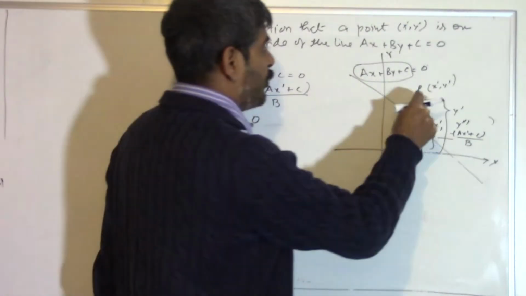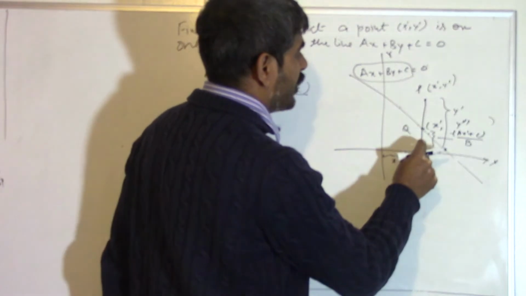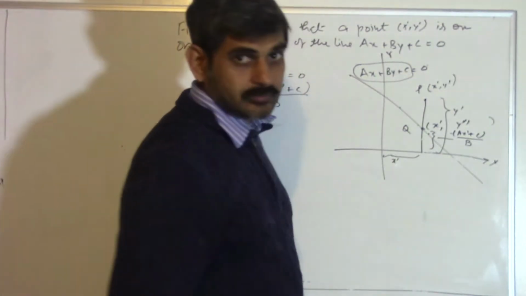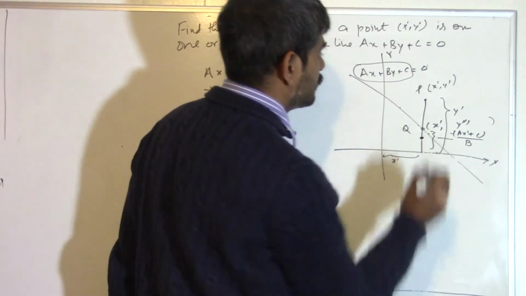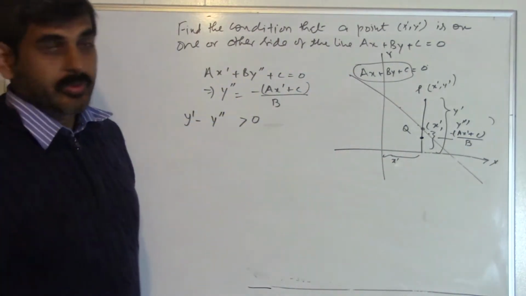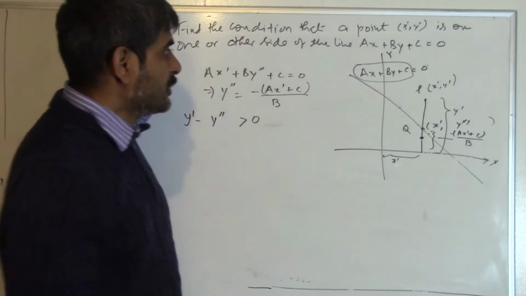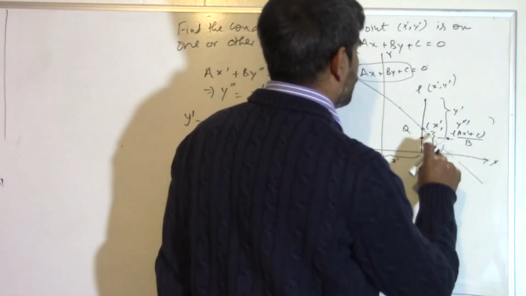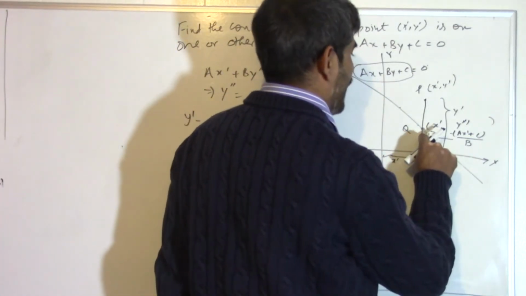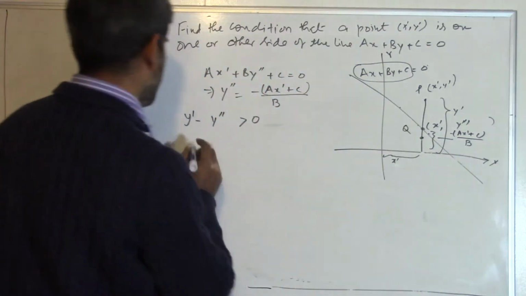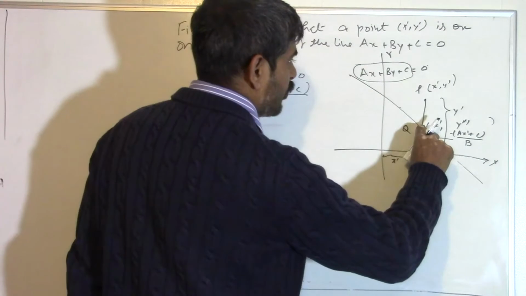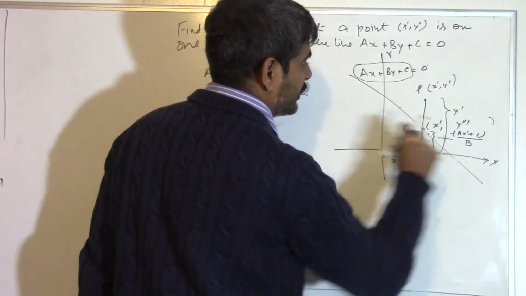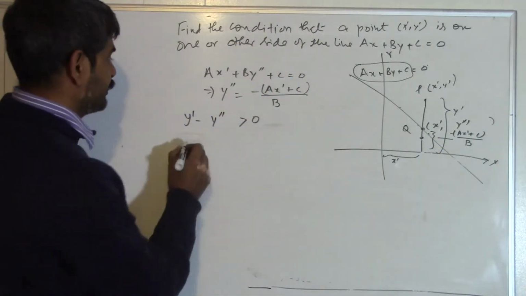But if this point is somewhere on this side of this line, then this length y double dash will be greater than this length y dash.